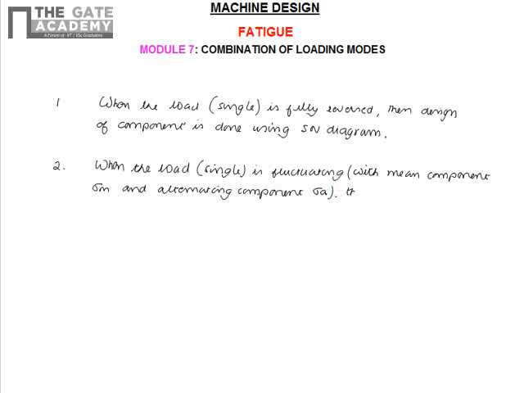Then in these cases the design is done based on the failure criteria. By failure criteria, mainly the Goodman criteria or Soderberg criteria, which we have seen in the previous module.